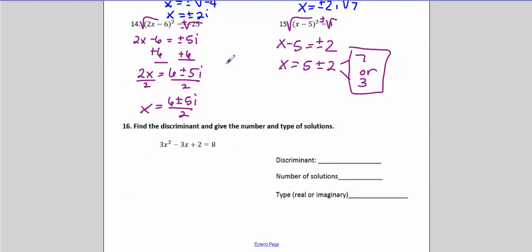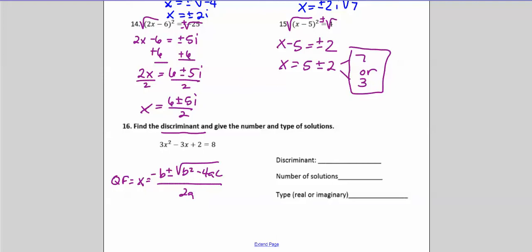Okay, and last one on this page is to find the discriminant. The discriminant is part of the quadratic formula. Remember that the whole quadratic formula is going to be x equals negative b plus or minus the square root of b squared minus 4ac all over 2a.